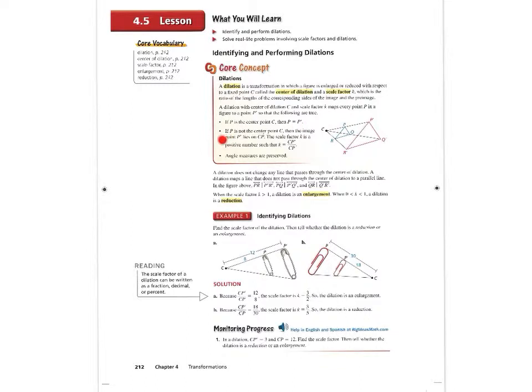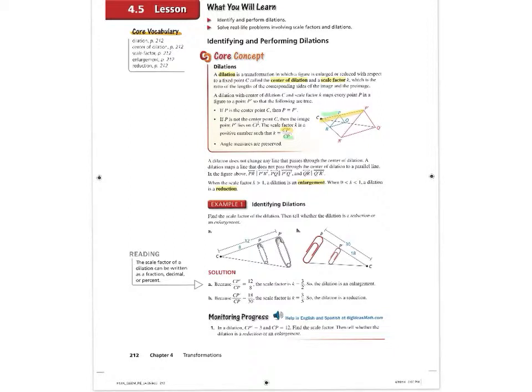The second property is if point P is not the center point C, then the image point P prime lies on ray CP, and the scale factor K is a positive number such that K equals the ratio of C to P prime divided by C to P. I've highlighted the C to P prime distance.